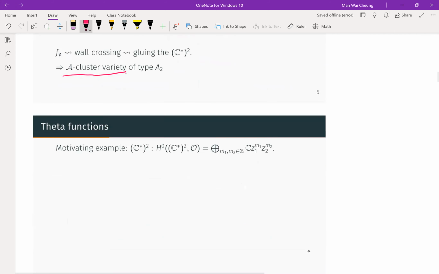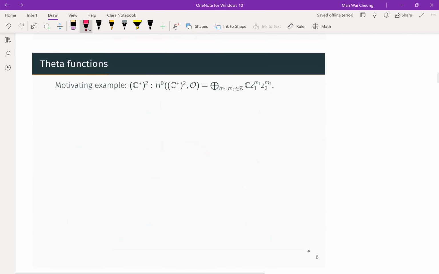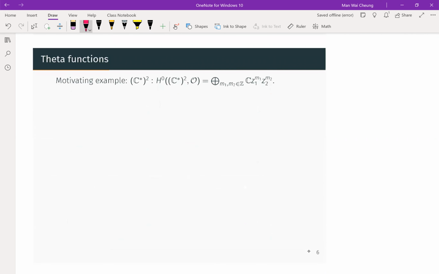So what else can we do? We are going to see that one of the main purposes of constructing scattering diagrams is to construct functions. The one example we are going to keep in mind is a torus, like here a two-dimensional torus.